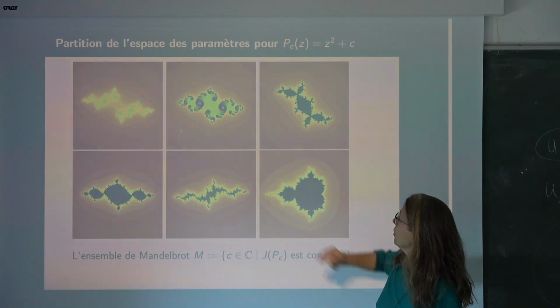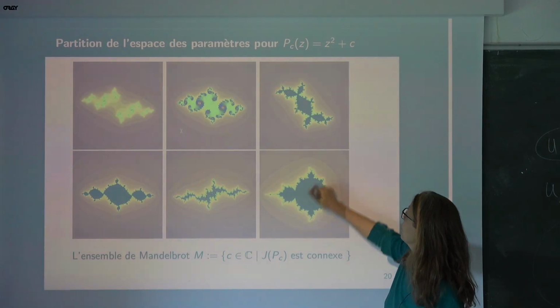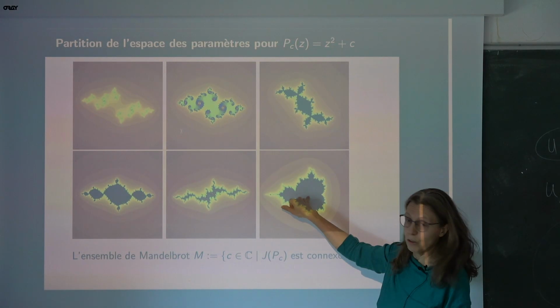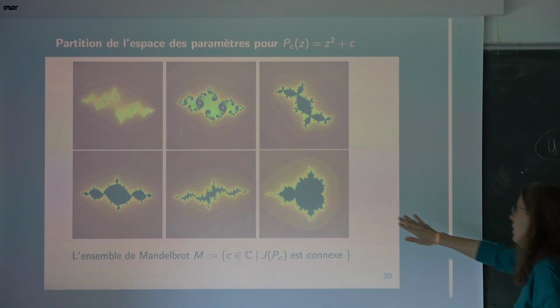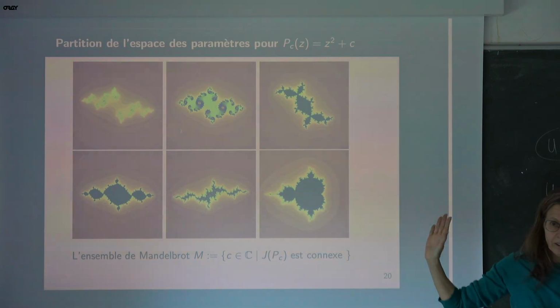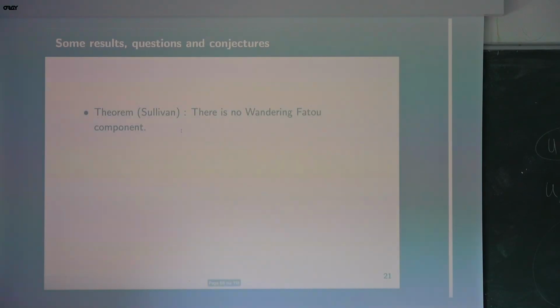So this set in black, the set of c such that it's connected, is called the Mandelbrot set. And in the red, it's disconnected. Either it's connected or it's disconnected. When it's disconnected, it's a Cantor set. This is a very quick overview of complex iteration.